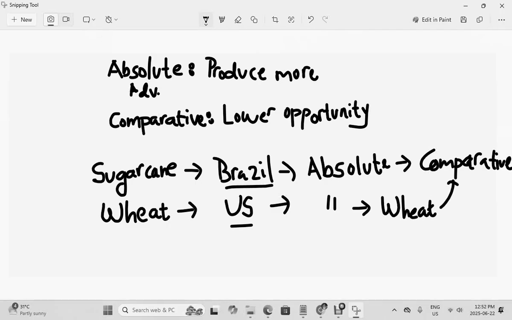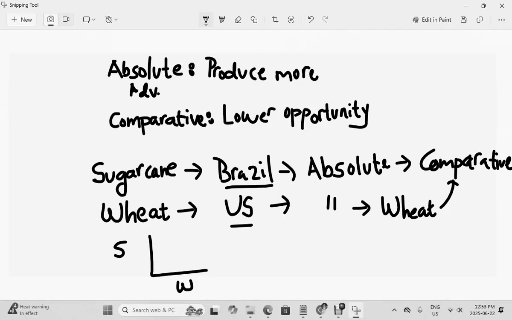All right. Now, if you look at the production possibilities frontier chart, assuming this is your sugarcane and this is your wheat, we know that as per the law of opportunity cost, as you allocate more resources towards production of good A, away from good B, the opportunity cost goes up, and vice versa.